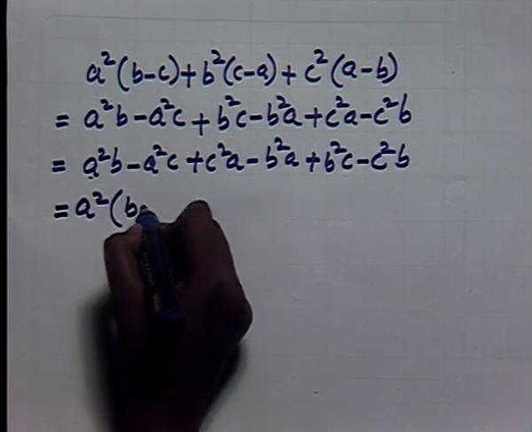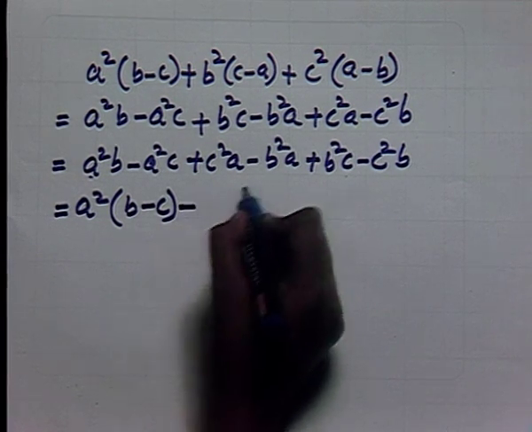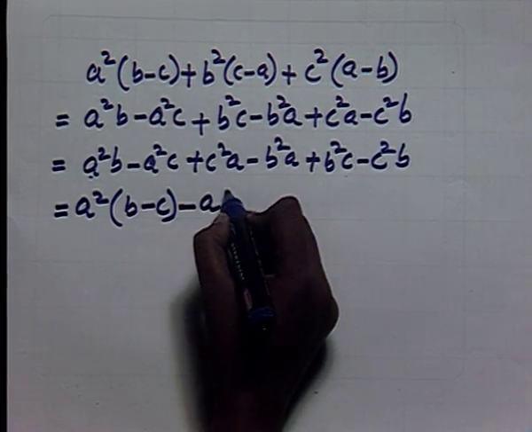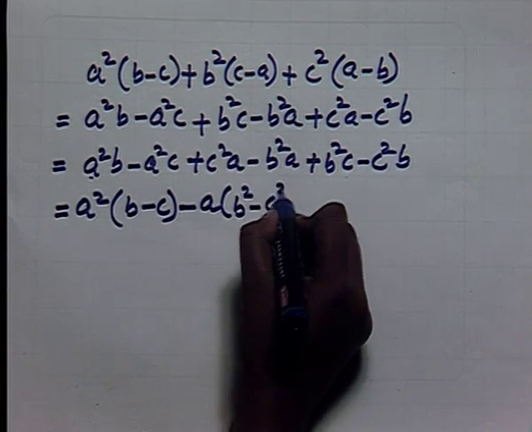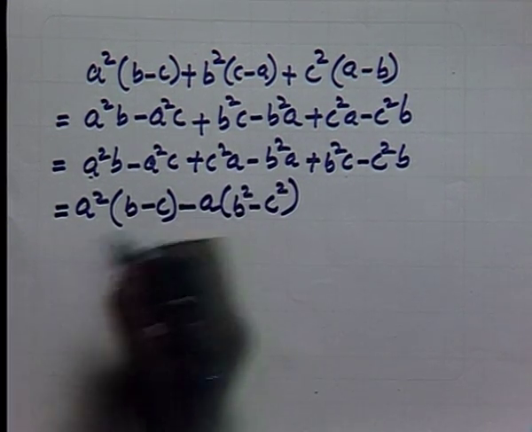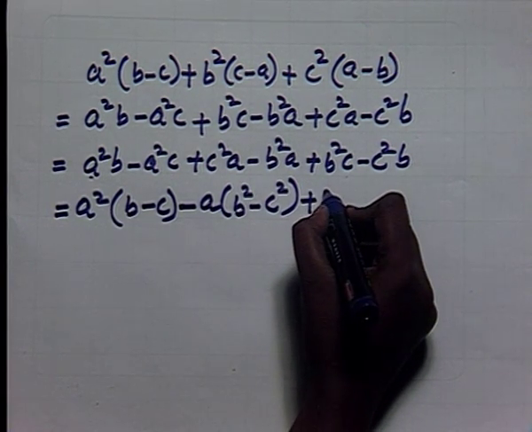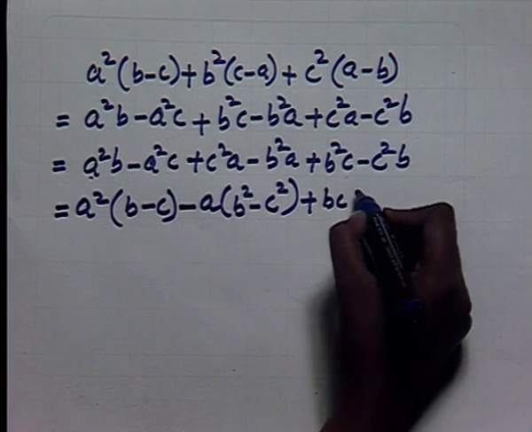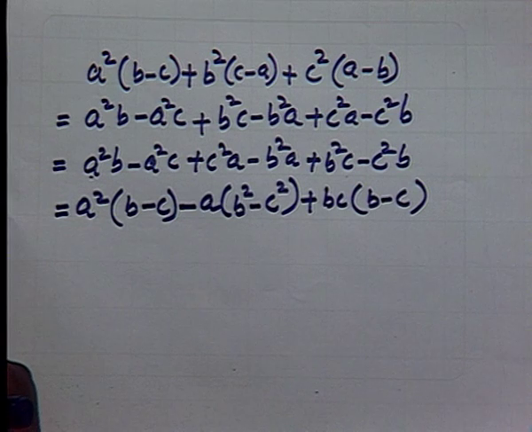I will be left with B minus C, minus, if I take A common, I will be left with B square minus C square, plus I can take out B C common. So, I will be left with again B minus C.